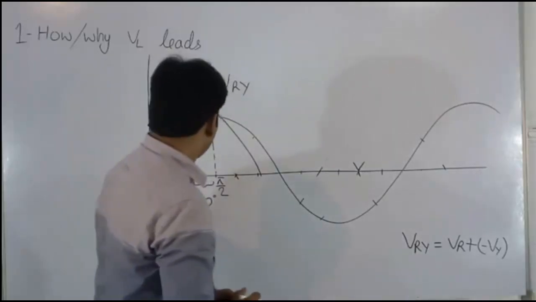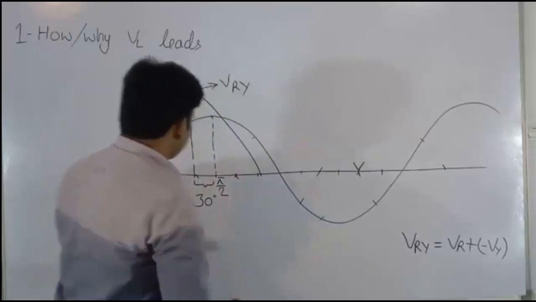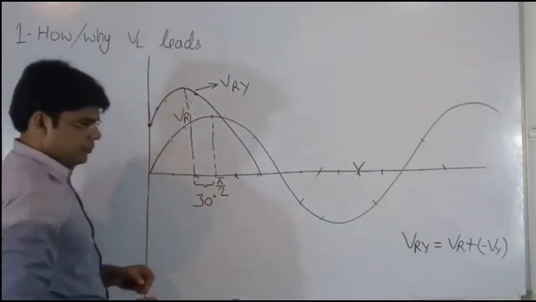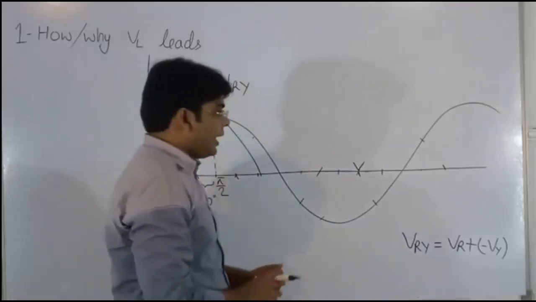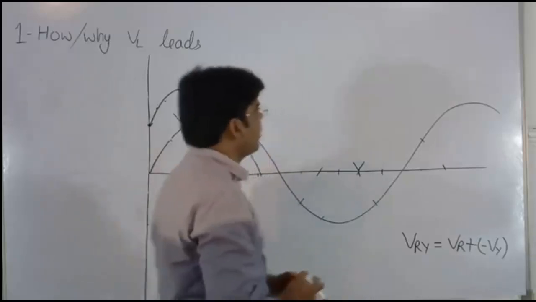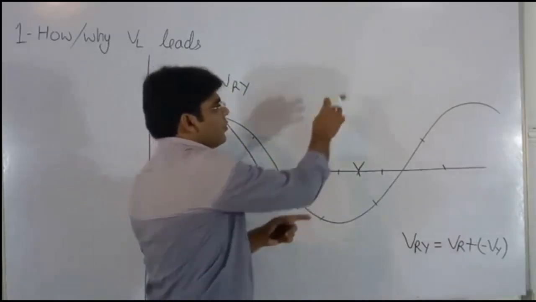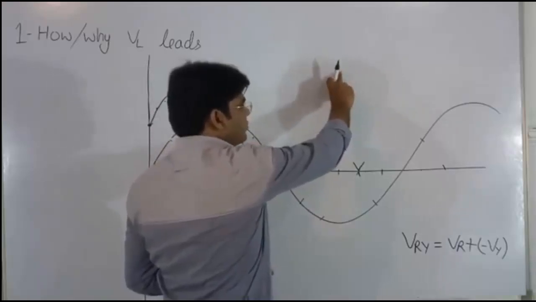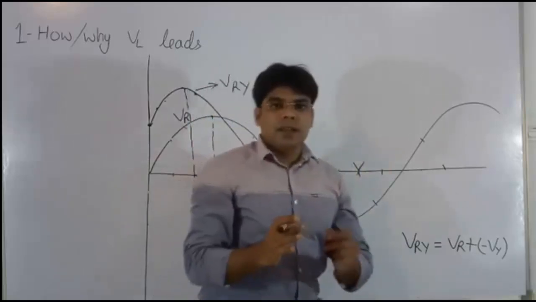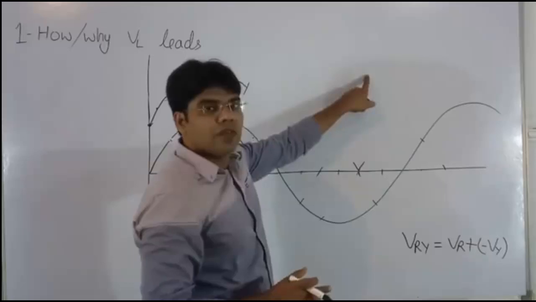Now actually you have to remember this point, that line voltage leads phase voltage in star connection, and as I have already told you, phase voltage of primary is in phase with phase voltage of secondary.